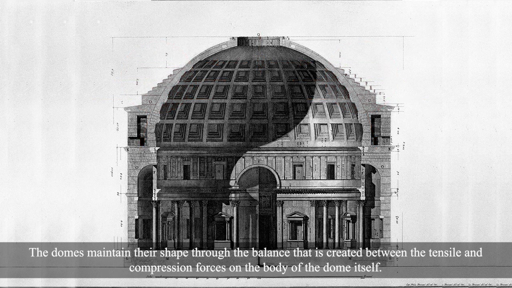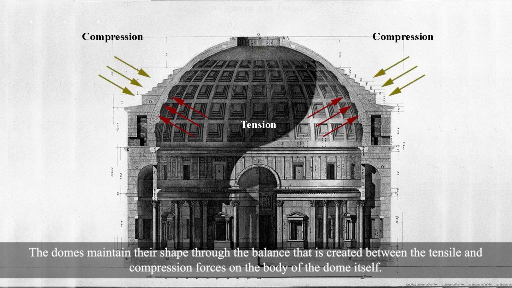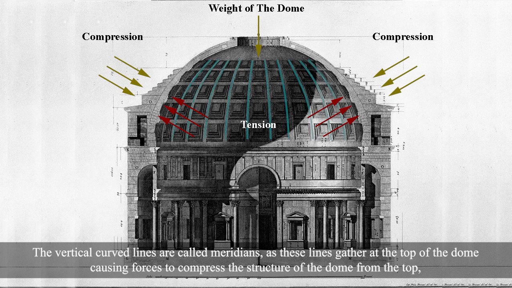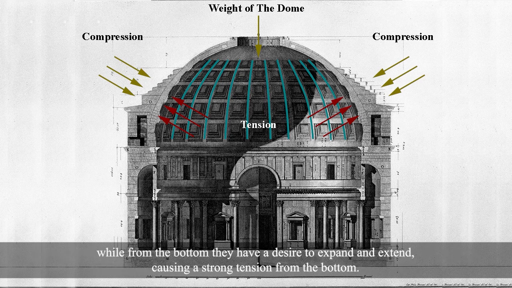The domes maintain their shape through the balance that is created between the tensile and compression forces on the body of the dome itself. The vertical curved lines are called meridians, as these lines gather at the top of the dome, causing forces to compress the structure of the dome from the top, while from the bottom they have a desire to expand and extend, causing a strong tension from the bottom.